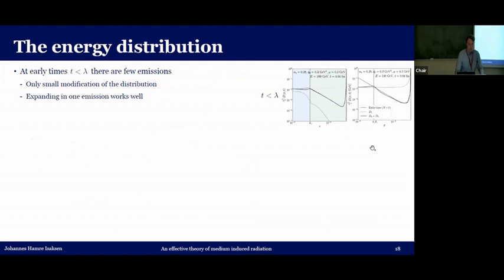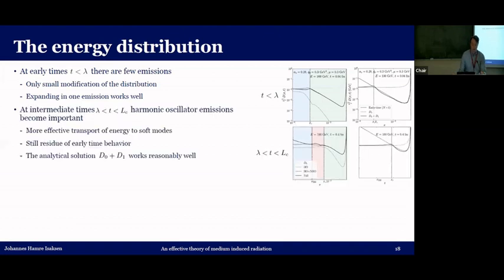So I will just summarize this and compare. At early times there are very few emissions, and the spectrum is not modified that much. And you can see, when comparing this numeric curve here and this analytic curve, that it looks qualitatively very similar. So it works well to only expand in one emission in the beginning.